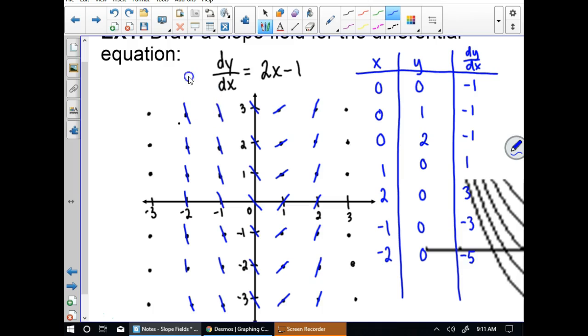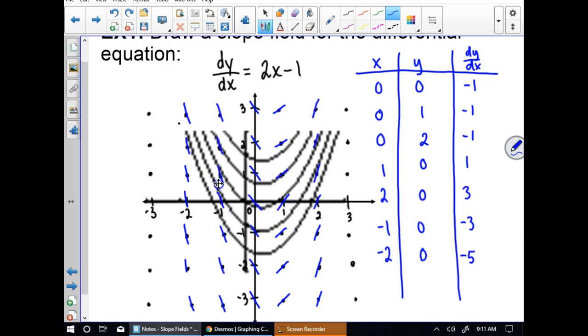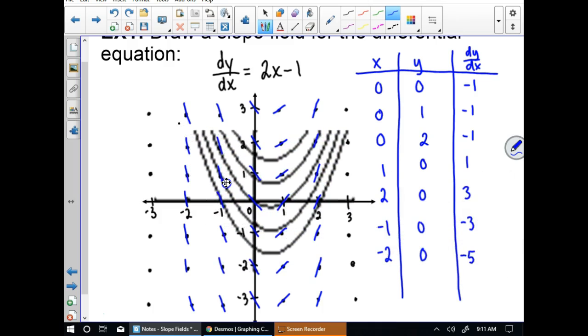And then if you look, you can kind of see the shape of this graph, right? You can kind of see what these look like. This is a picture of several of the solutions with different C values, and you can see they fit the way those tangent lines are going, because these are all your little tangent lines at each point.